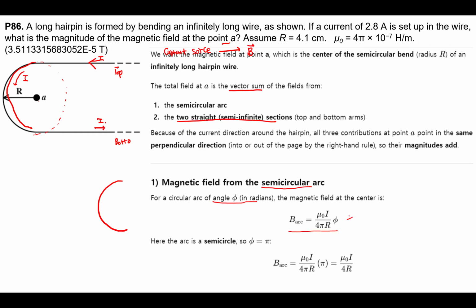Okay. And here the arc is a semicircle, so that phi equal to pi, and then you can get this value.